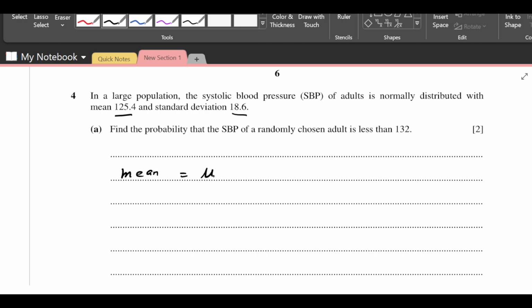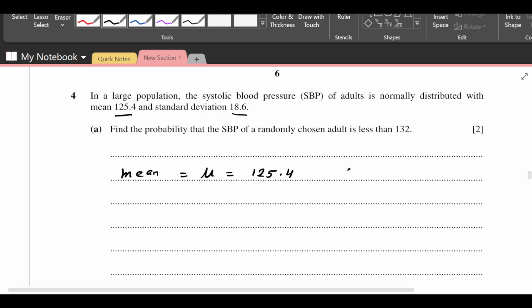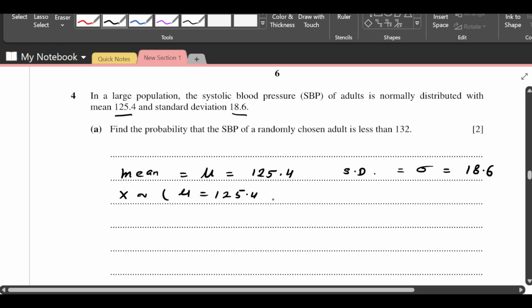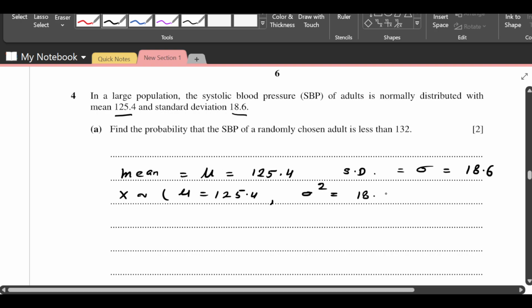Okay, so here the mean we denote by mu, and it is given 125.4, and the standard deviation we denote by sigma, and it is given 18.6. Now x is normally distributed, with mean 125.4 and sigma square as 18.6 square.